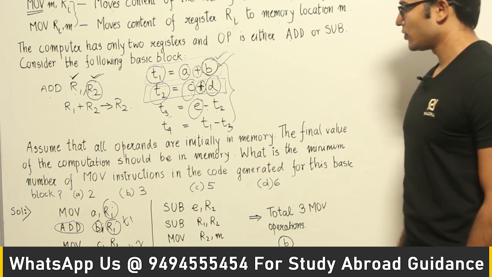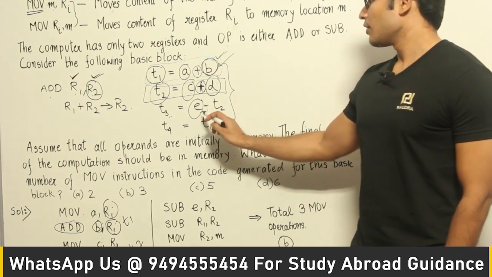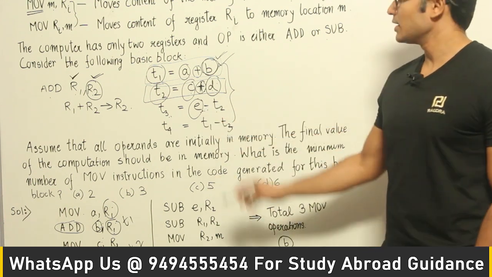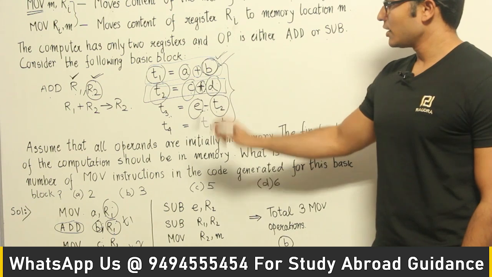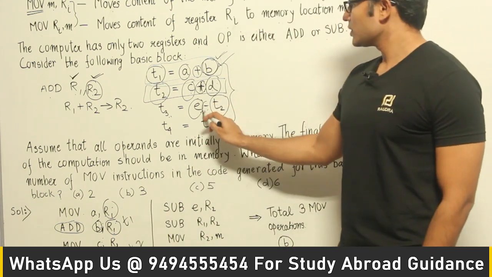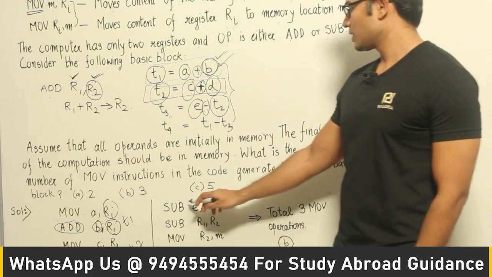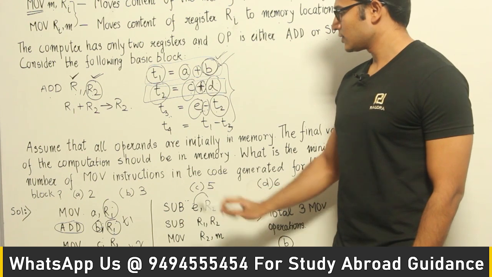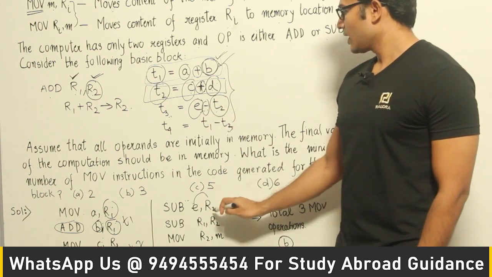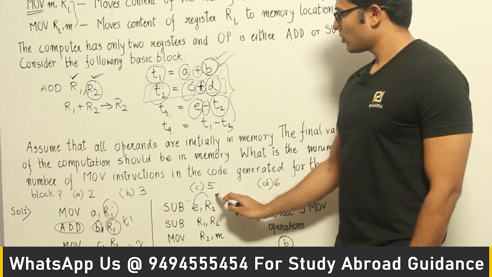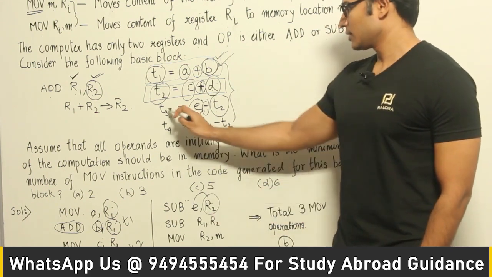So if we are going to load, we are definitely going to use move. But then since T2 is already present in R2, and there is an operation here which is minus, I can use subtract. Subtract E comma R2 means E minus T2 is being done, and the result is stored in R2 only. Therefore now R2 is going to contain T3.